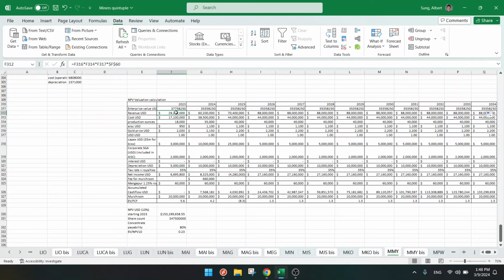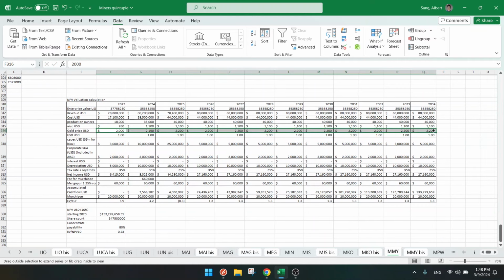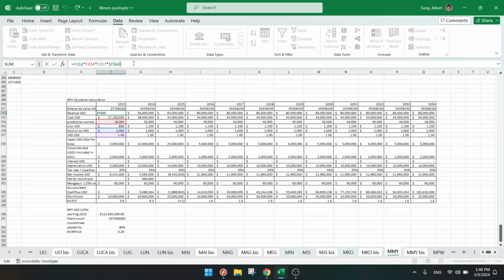Revenue. Yeah, we just refer to the chart above. But actually, that's not possible, because here we will use another gold price. In this case, it's 2000 gold for the first data point. So we actually need to use these numbers.